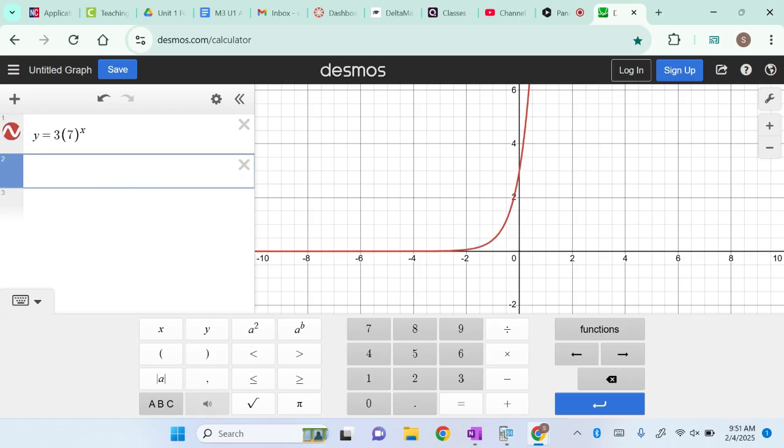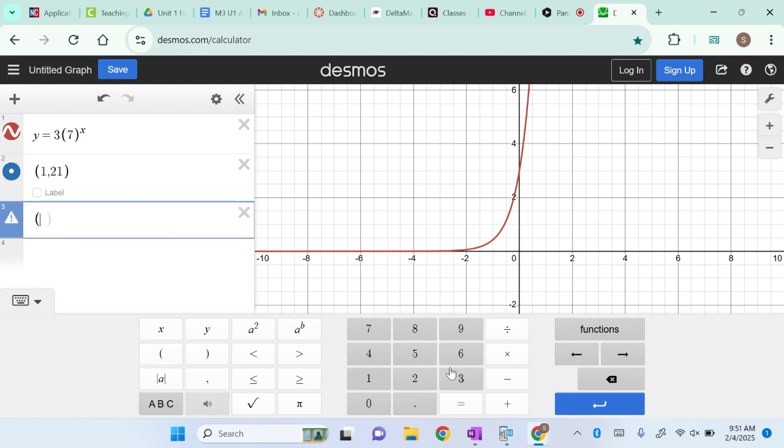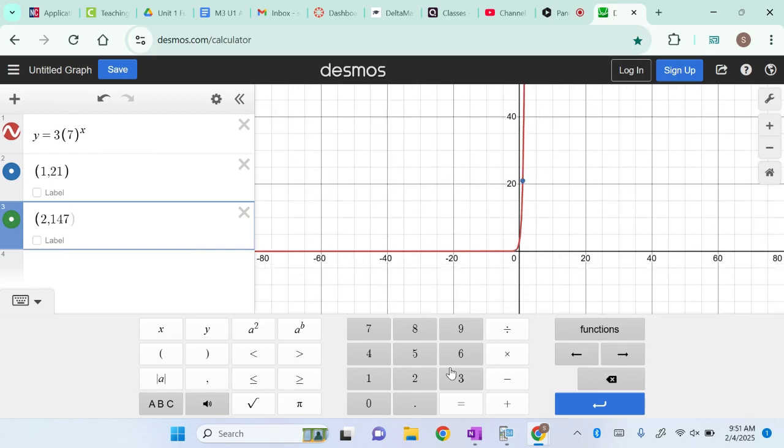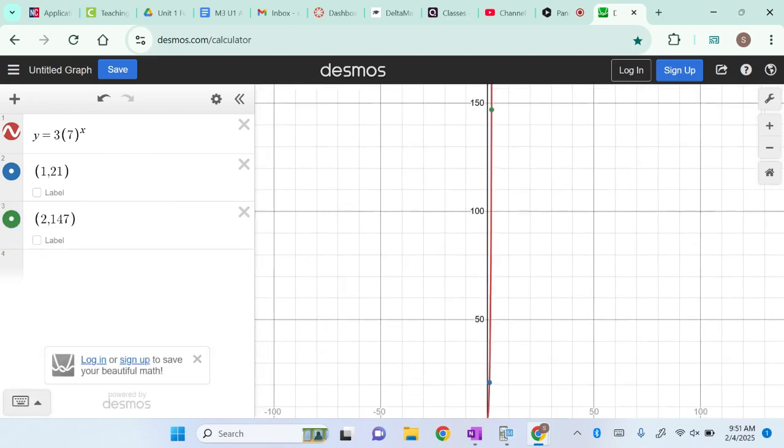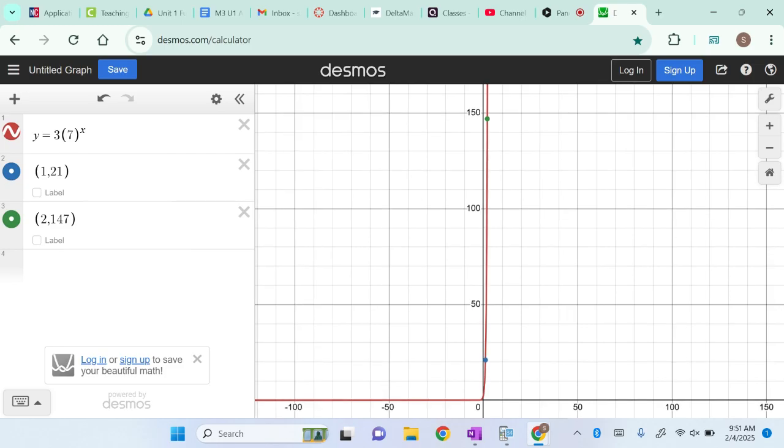And then in a different spot, I'm going to type in my first point, so 1, comma, 21, and my second point, so 2, comma, 147. Now, you may have to zoom out a little bit. So, there are my 2 points and my line.